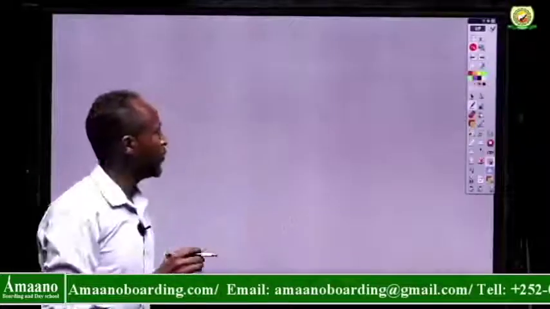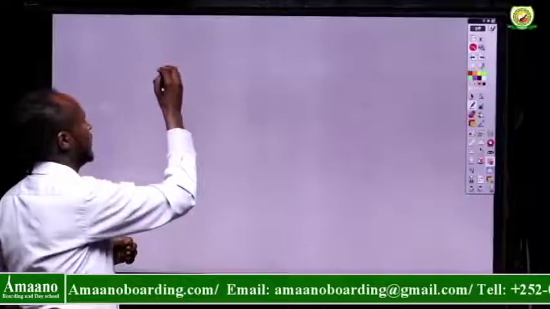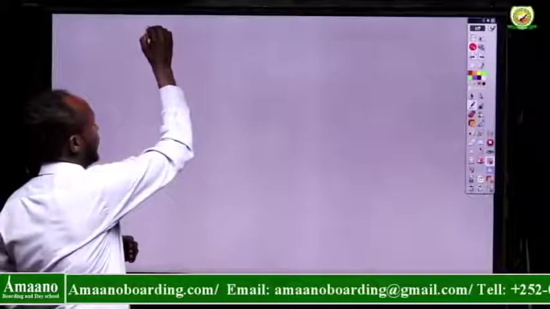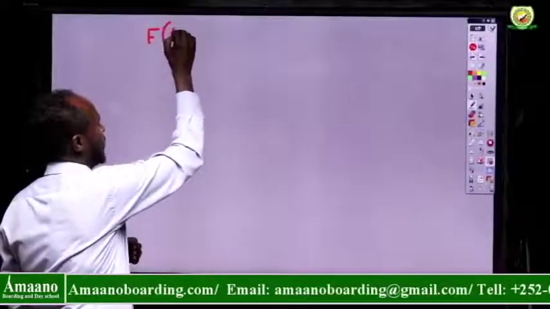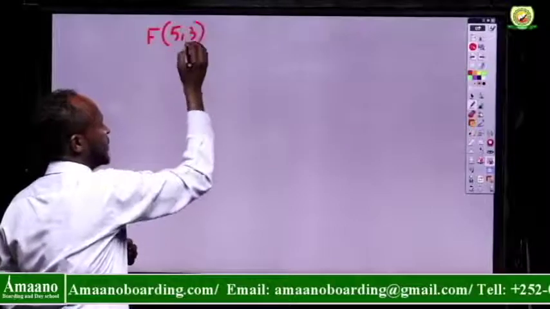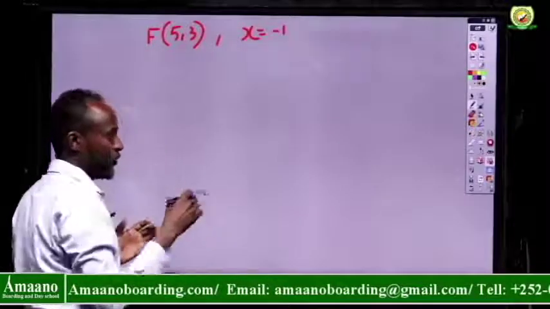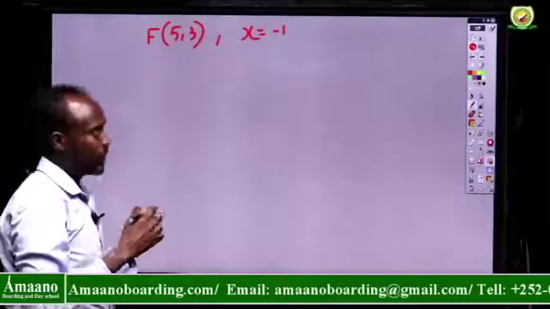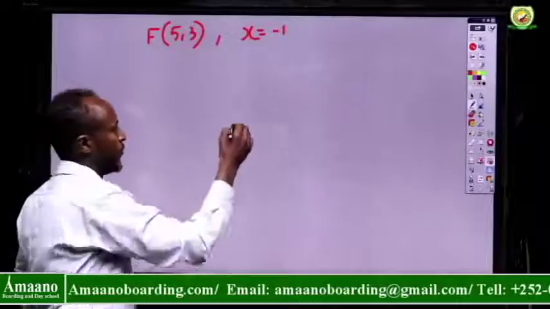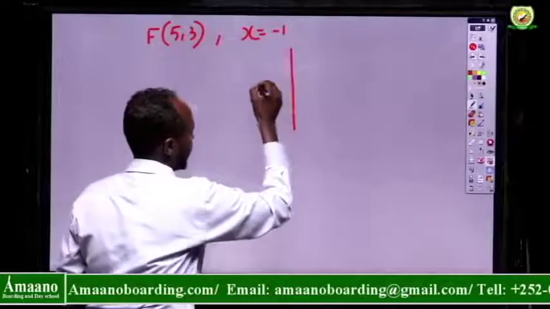Okay, let us do that question again, because it seems a little bit complicated. For the previous one, we were given (5, 3) as the focus, and the directrix as x equals -1. If the previous method is a little bit difficult, you can proceed like this. First, draw a rough sketch.